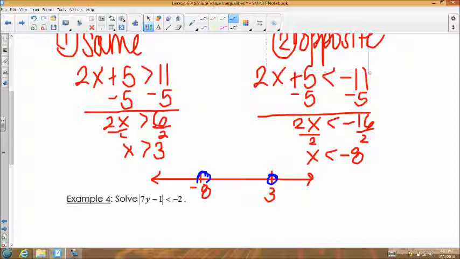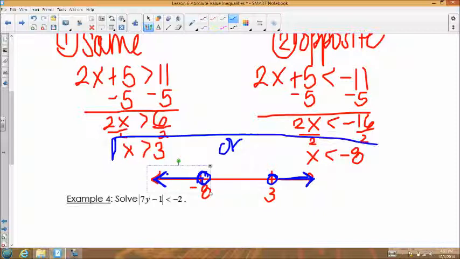And again, since I'm expecting it's an OR, I don't really need to graph above. I can just do it in my head. So x is greater than 3 means I'm going to be going to the right for 3. And since x is less than -8 means I'll be going to the left. So I already expected an OR, so I didn't really need to graph and see if there was any overlap. And since there's not any overlap, this is going to be an OR situation.